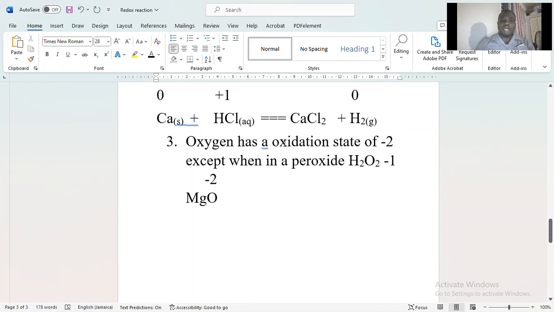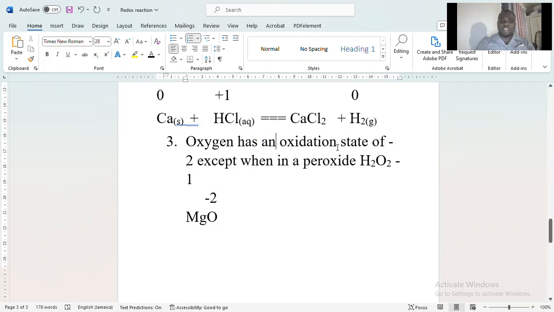So we said that oxygen has an oxidation state of -2, except when in a peroxide, in that case it's going to be a -1.